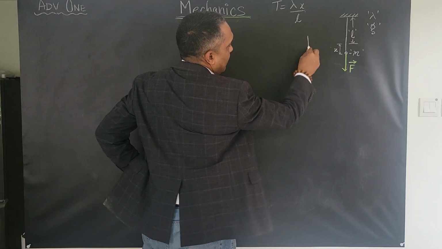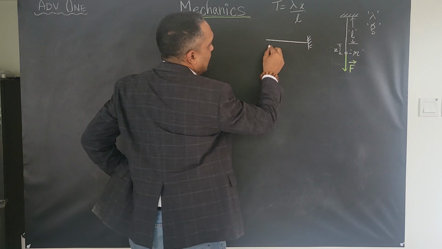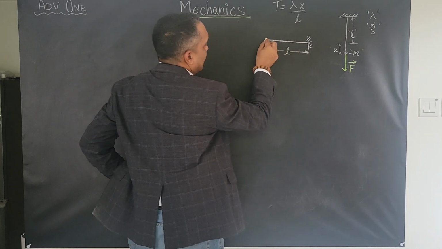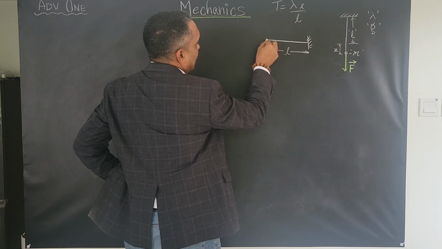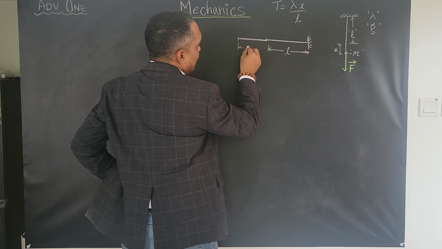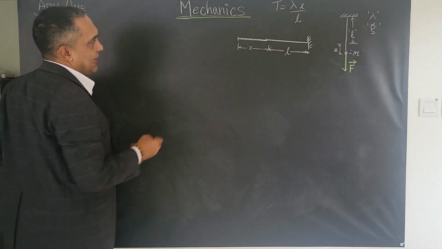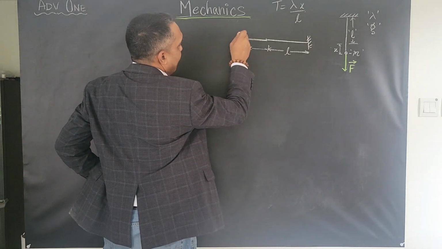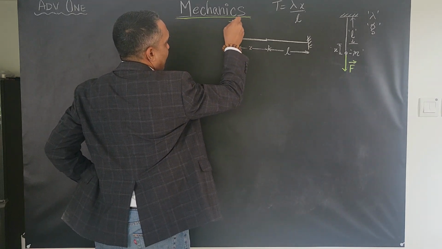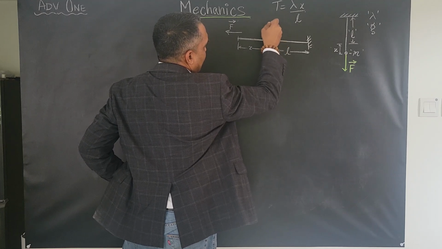So I'm going to do this, and I have L, and I'm extending to X. Work with me on that. And that is done by the application of some force vector F, which means the reactive force is building up inside, which is tension.